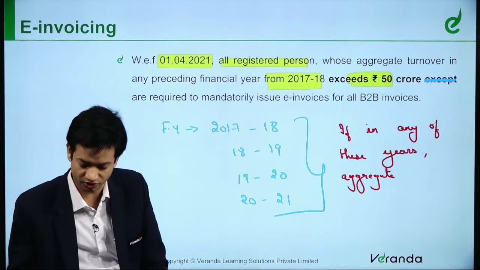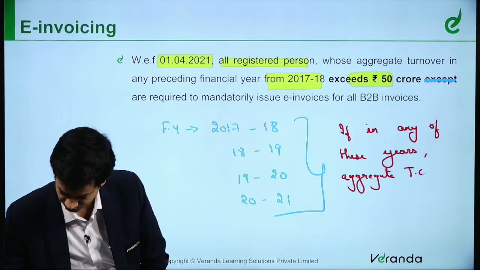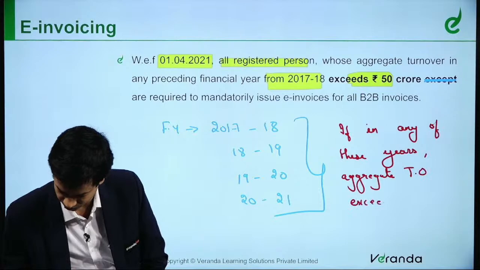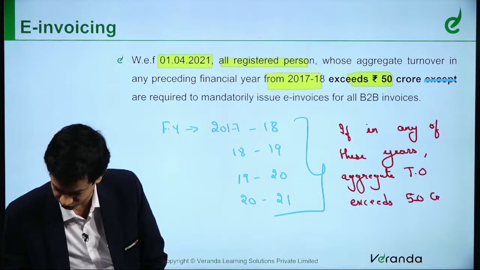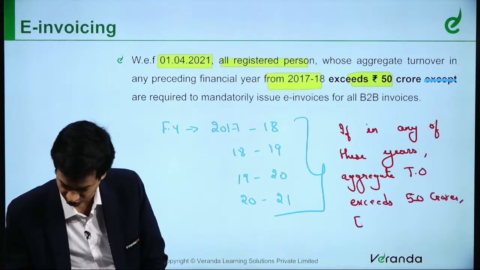I might have multiple branches across India. ₹50 crores. E-invoice applicable.